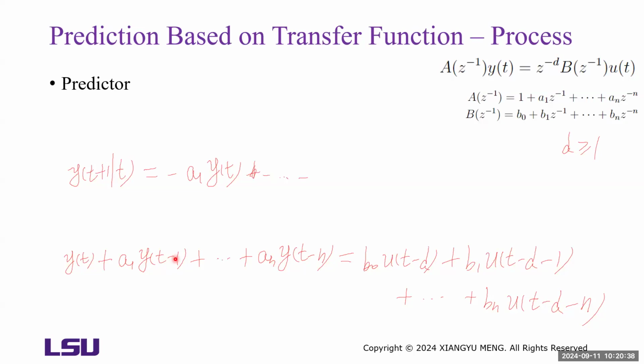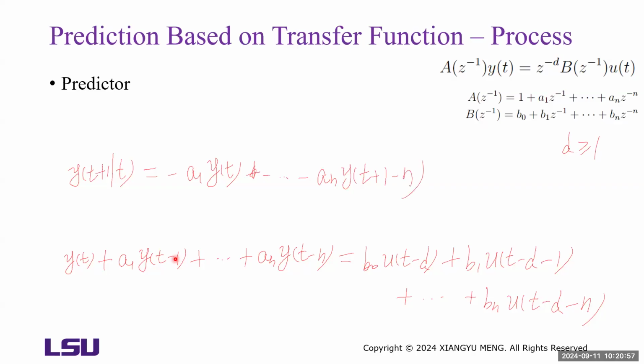We move all the y terms to the right-hand side, so we have negative a1 y(t), and so on, until negative an y(t+1-n).